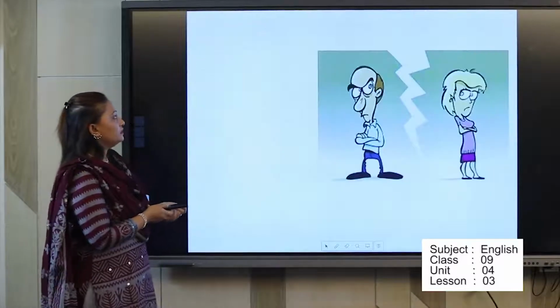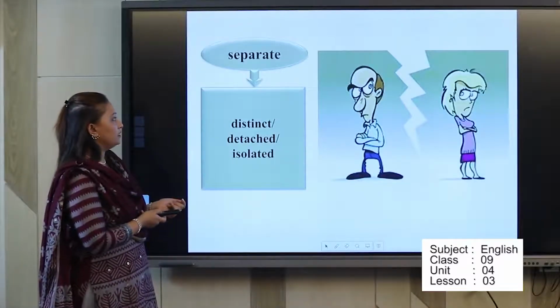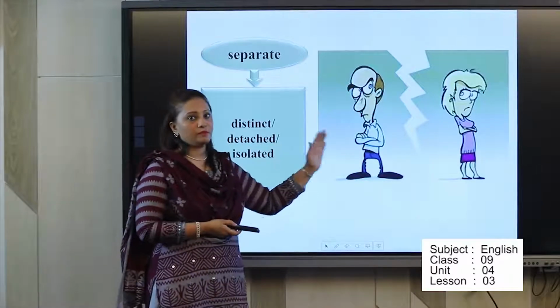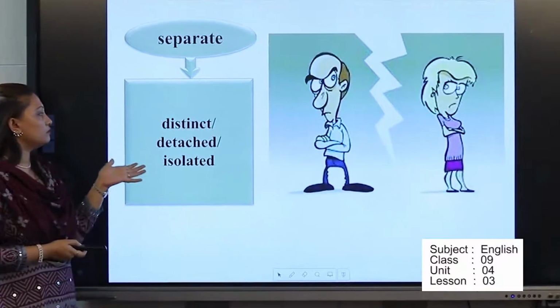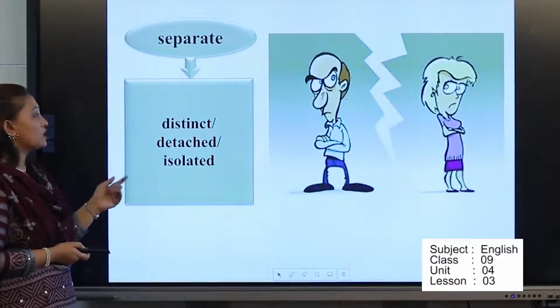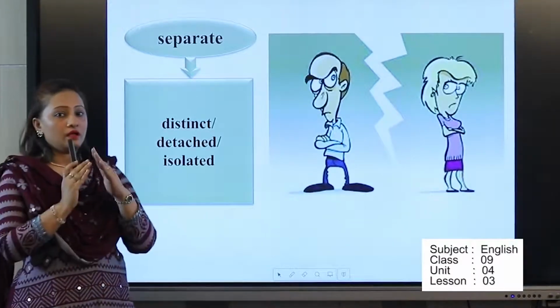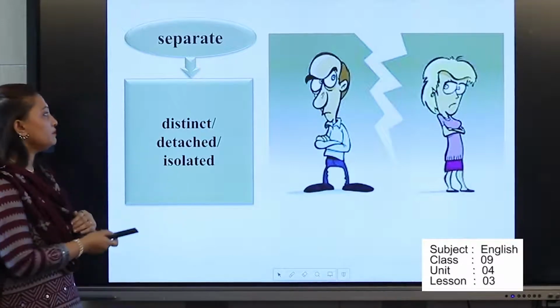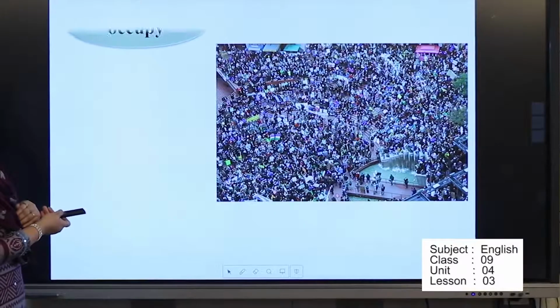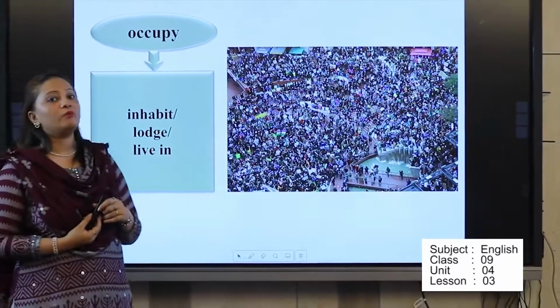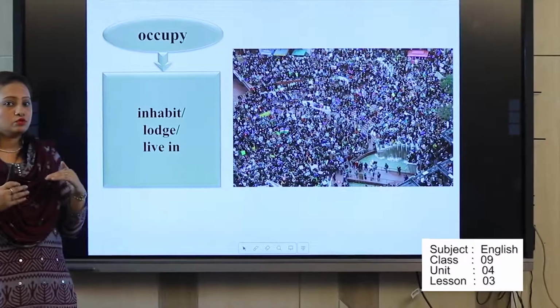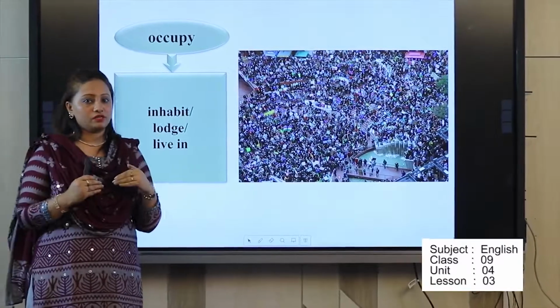And next picture, what can we see? Separate. Separate means division. Here you can find the word meanings distinct, detached, isolated. Means ভাগ হয়ে যাওয়া, ঠিক আছে? And next one is occupy. Occupy means position, to set yourself in one position, right?